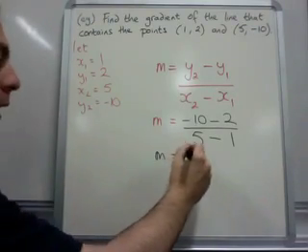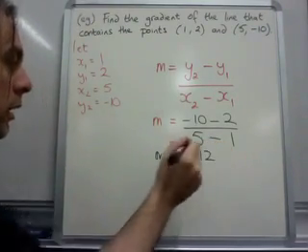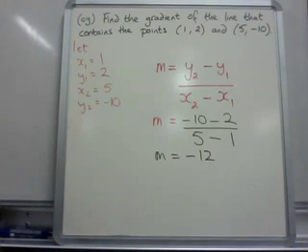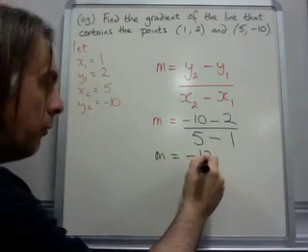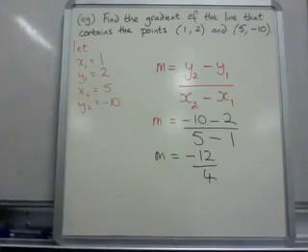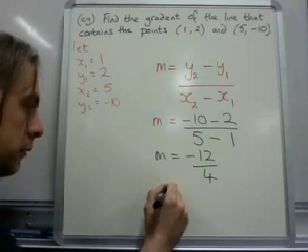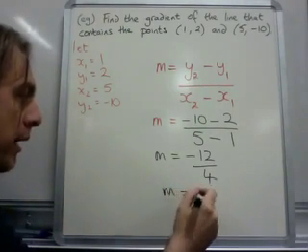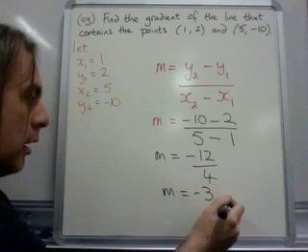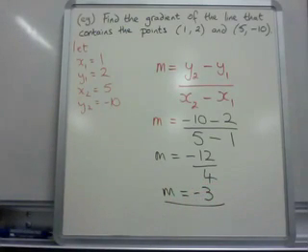And of course you get negative 12. Then you should have also heard another voice going 5 minus 1, which of course makes 4. From here, you should know to simplify, just as we did when we had the values, when we were using a graph.